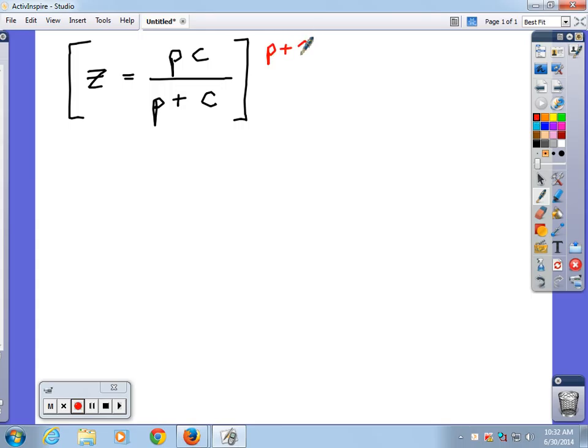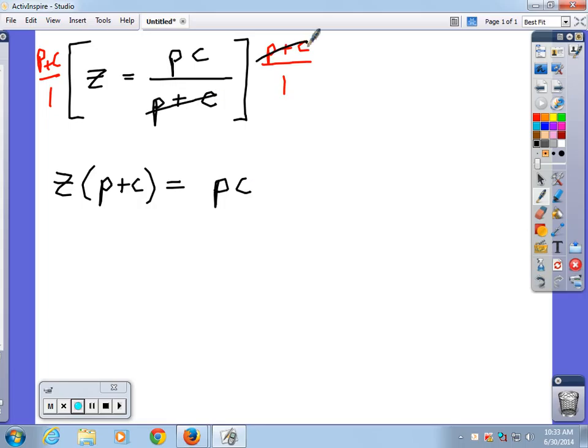P plus C over 1. And when I clear the fraction, then we'll worry about what to solve for. So that'll give me Z times P plus C is equal to PC. Because what happens to these two? They cancel.